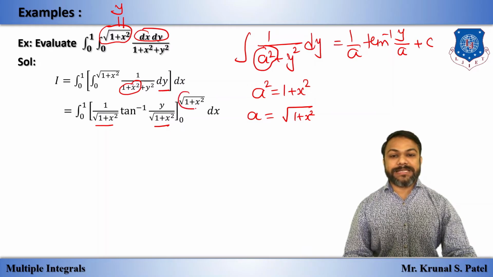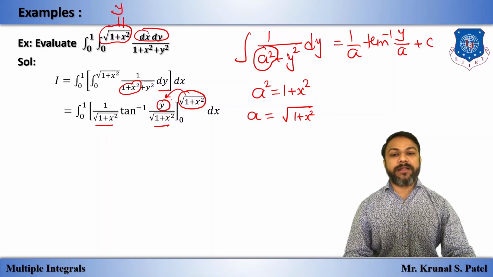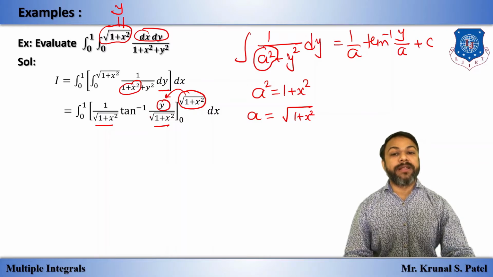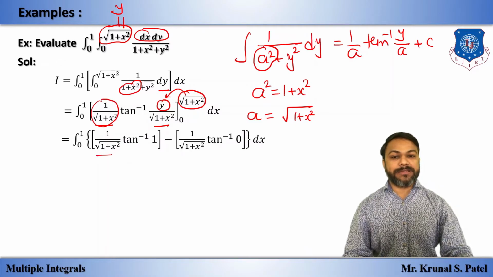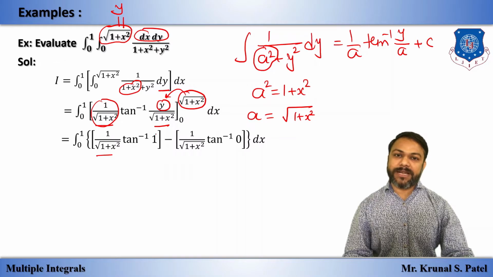Other than this, there is no y. So if we put y here, we get this divided by the same, cancel out, so we have 1. So we have tan inverse 1, and this term is as it is. For the upper limit, if we put under root 1 plus x square here, under root 1 plus x square cancels out, and we have tan inverse 1.